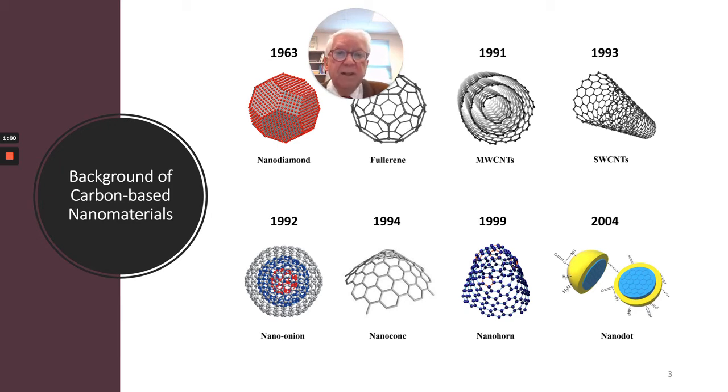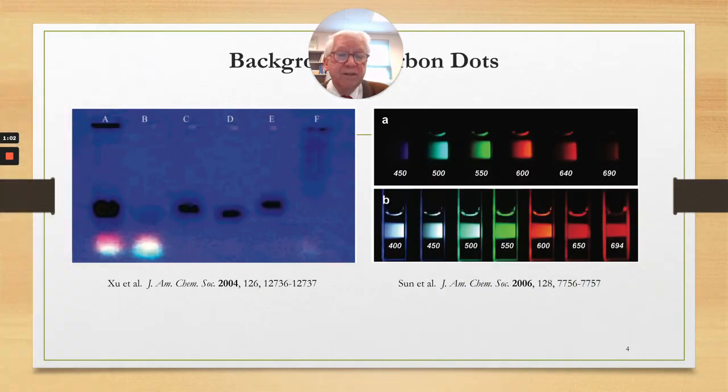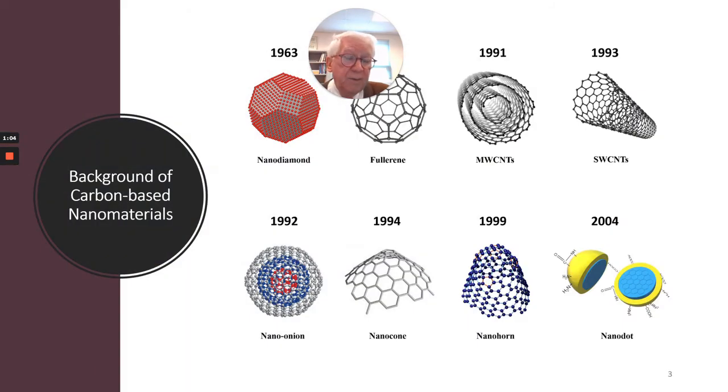And when we think about fullerene, this is zero dimension. Same thing for nanodots. And for the single-wall and multi-wall nanotube, this is related to second dimension. Now, the third dimension is related mainly to mesoporous materials.